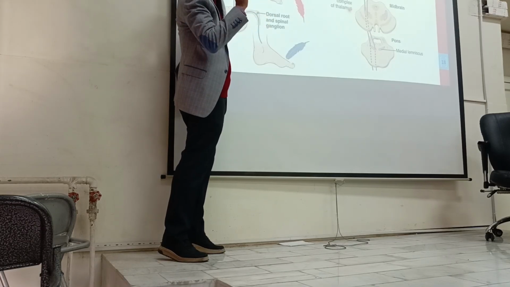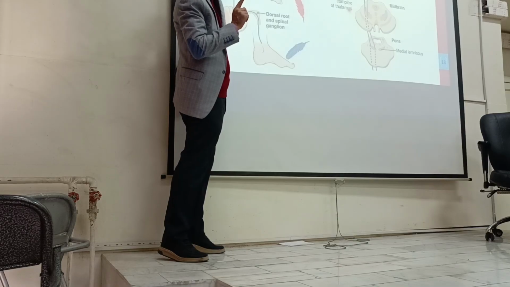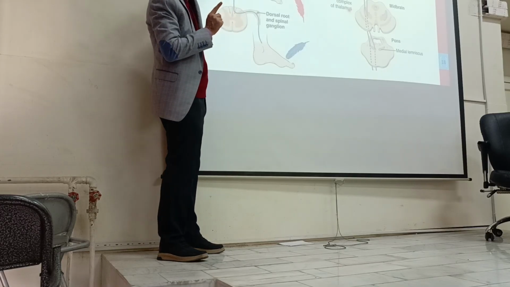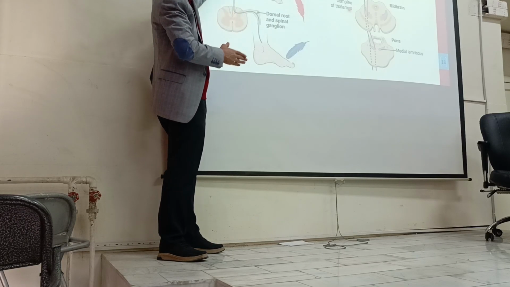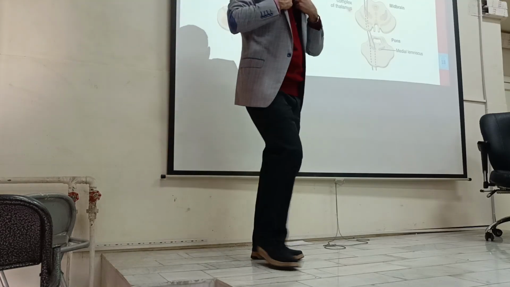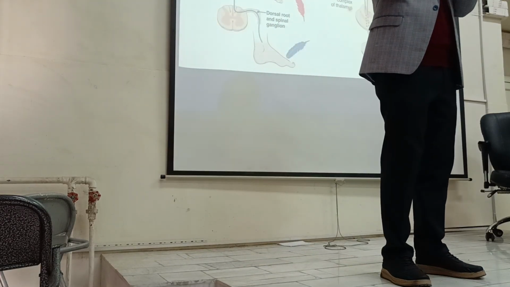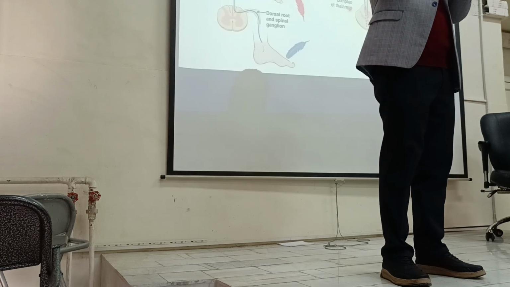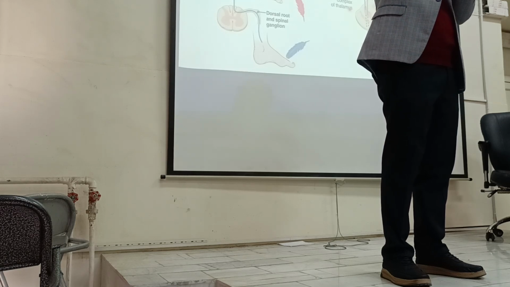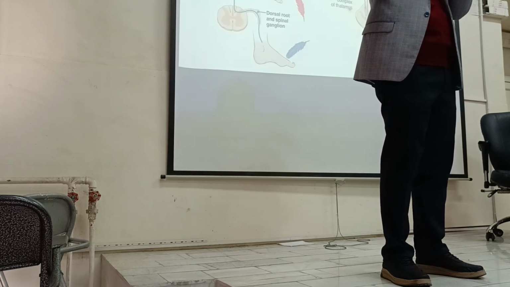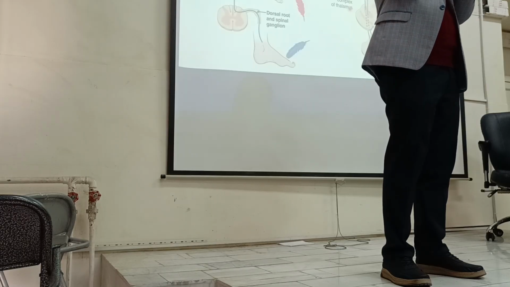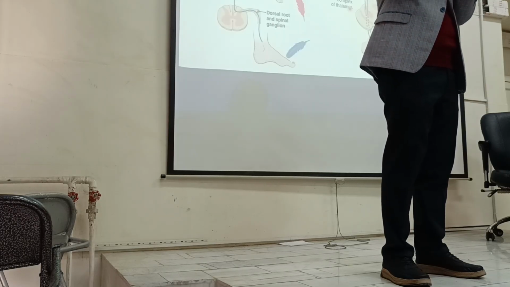So the second neuron starts from here, goes to the opposite side, and then goes off in the brain, right? So it should pass through medulla, pons, midbrain, right? So it passes these three parts and reaches thalamus.